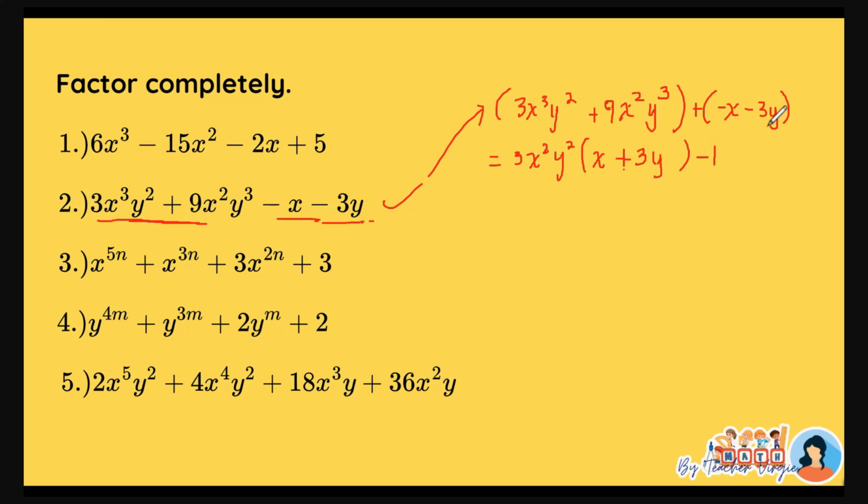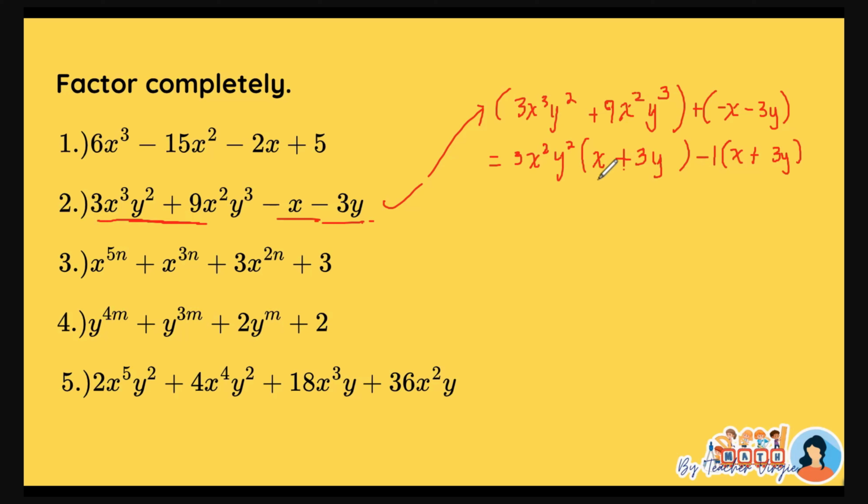Therefore, the only common factor is 1. Because we applied the rules of integers, negative x divided by negative 1 is positive x, and negative 3y divided by negative 1 is positive 3y.